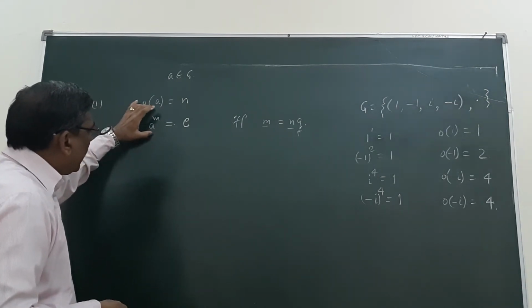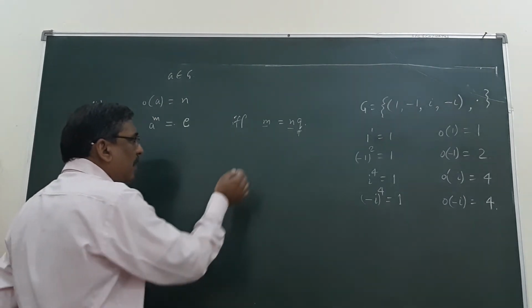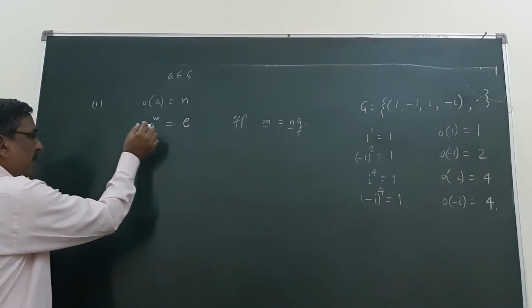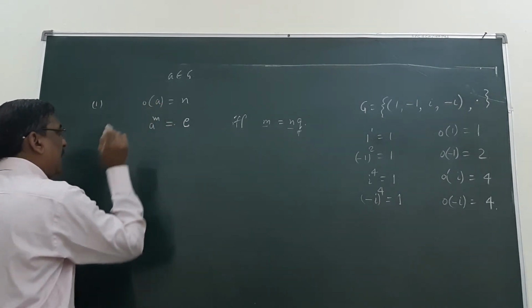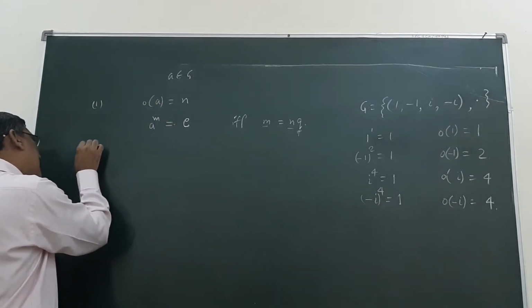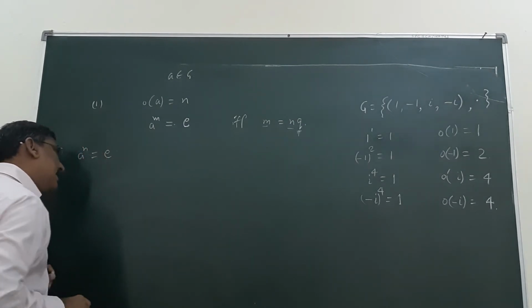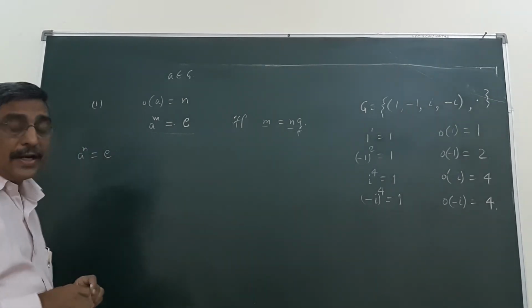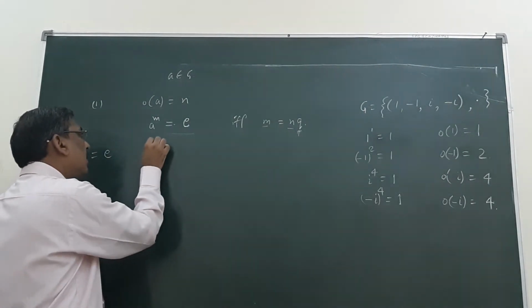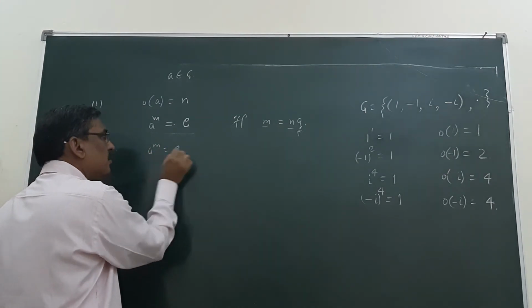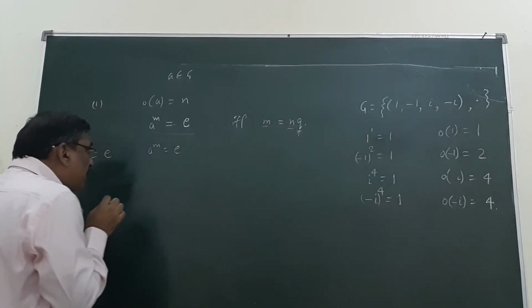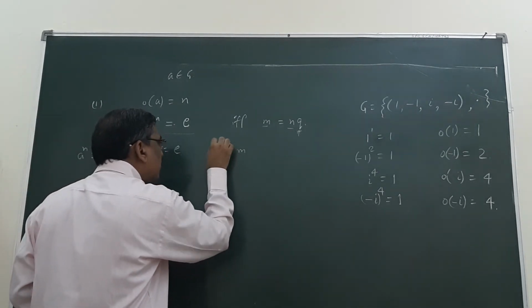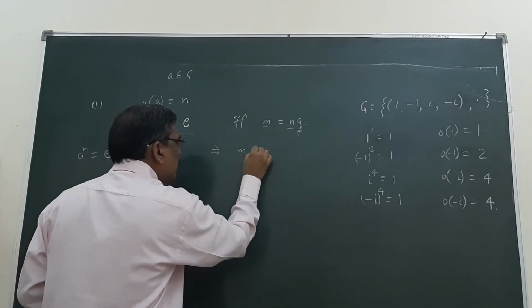If A raised to the power m is equal to identity, then we have to prove that m is equal to nq.